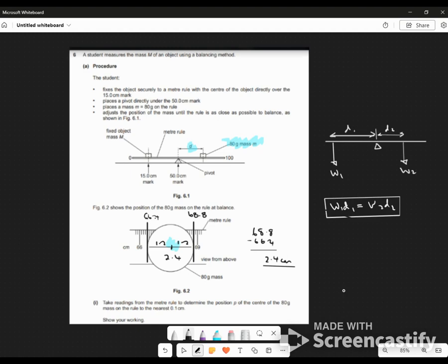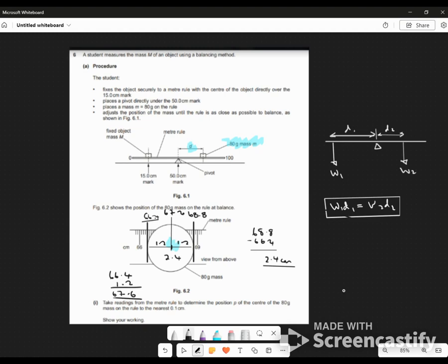And if you started at 66.4 here, and I add 1.2, I get 67.6. So right in the middle here must be 67.6.